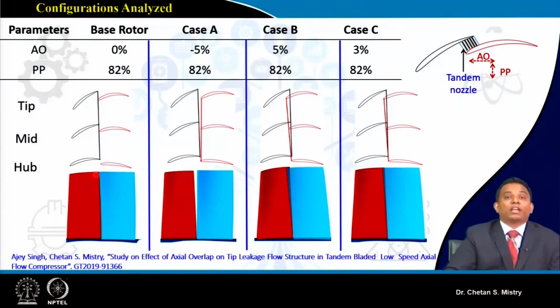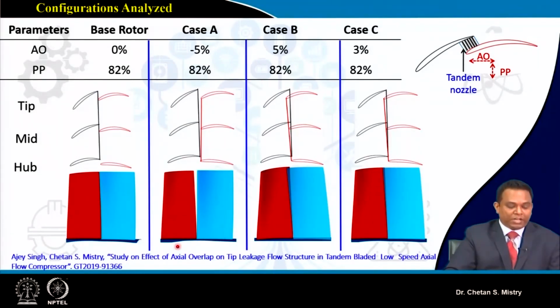When I move my rear blade away from the trailing edge near the tip region, that is what we have defined as -5%. In line with that, we have explored +5%, which means the rear blade is moving towards the front blade, inclined towards it near the tip region. And here this is with 3% axial overlap.